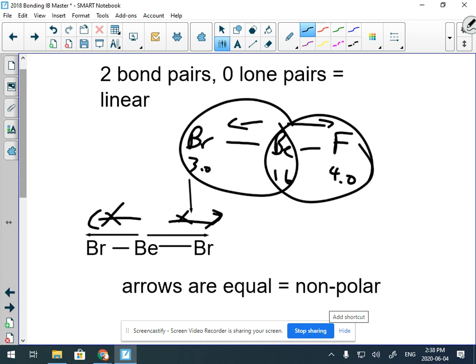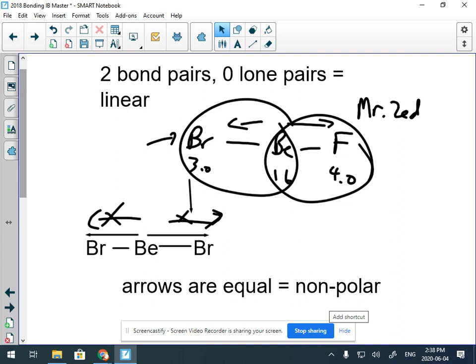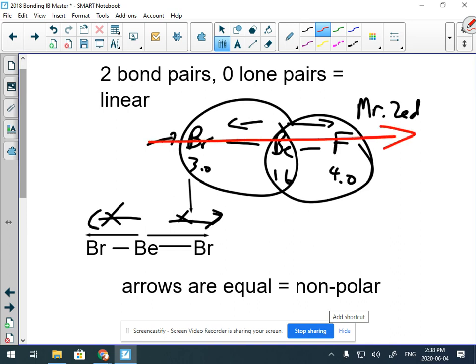Your beryllium, bromine's tugging on you, and then you get yeeted by fluorine. Like you just go flying. This is like Mr. Z size tugging on you, and this is somebody medium sized like Z-Dog tugging on you. So probably I could make everybody go flying. So unequal pulling allows polarity to occur. The polarity in this molecule would be straight to the fluorine.